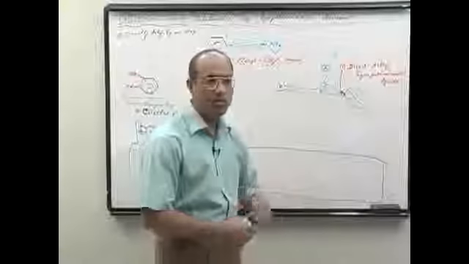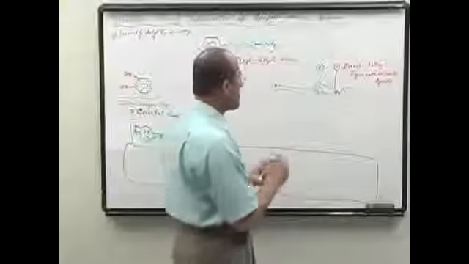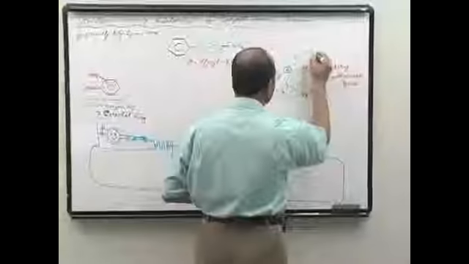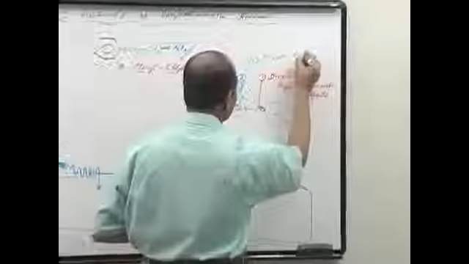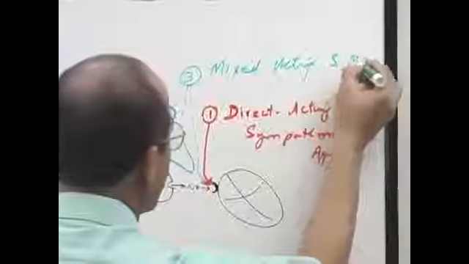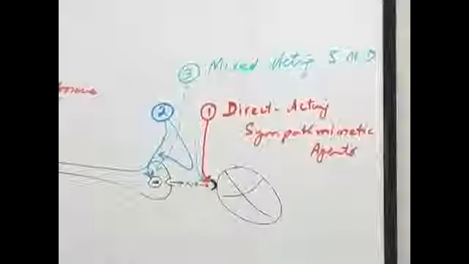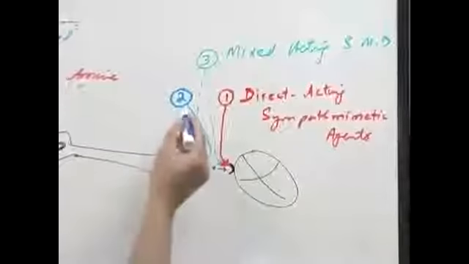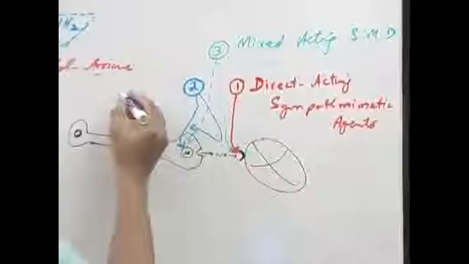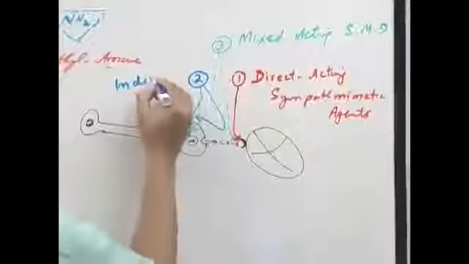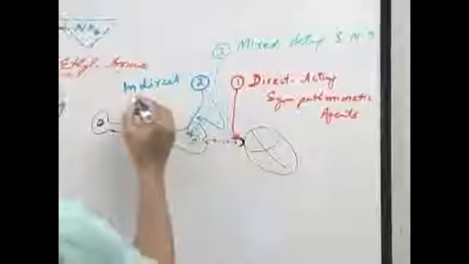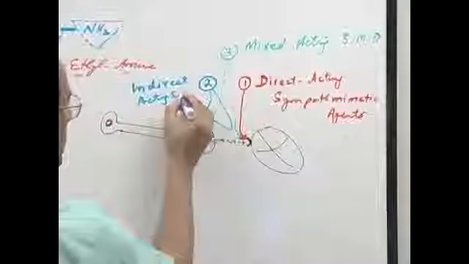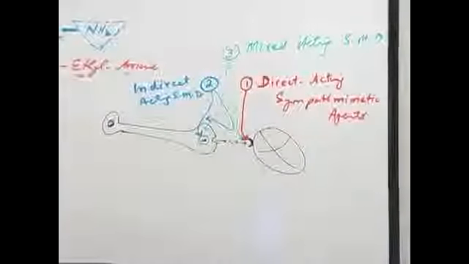Such drugs are called mixed acting sympathomimetic drugs. And here you have mainly working here and not working on the receptor. This is called, yes, indirect acting sympathomimetic drugs. Am I clear?